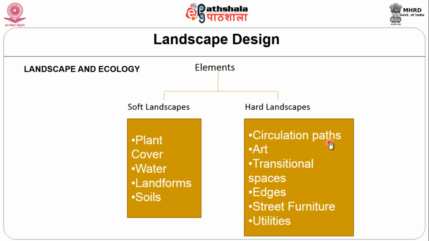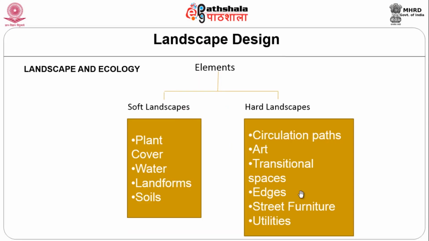All these things come under soft, that is naturally made. Hard landscape is something man-made, that is a pavement, the circulation path area, any artwork, transitional spaces and the edges, street furniture and the utilities. All these elements come under the hardscapes of landscape.